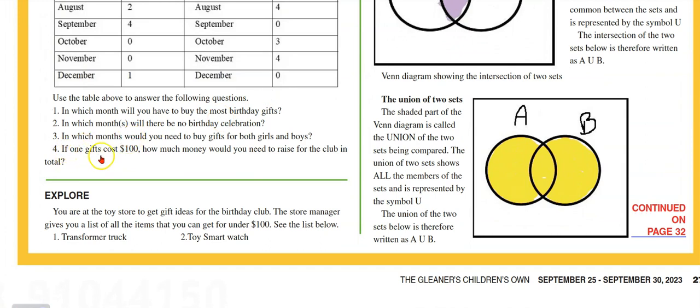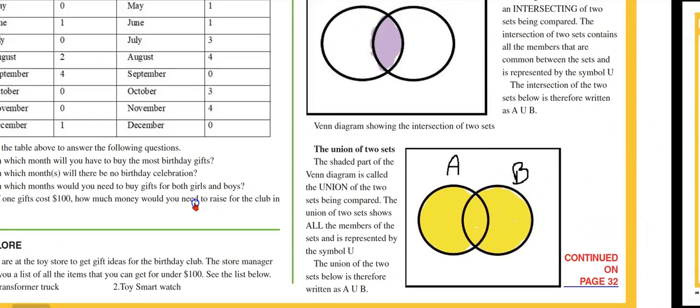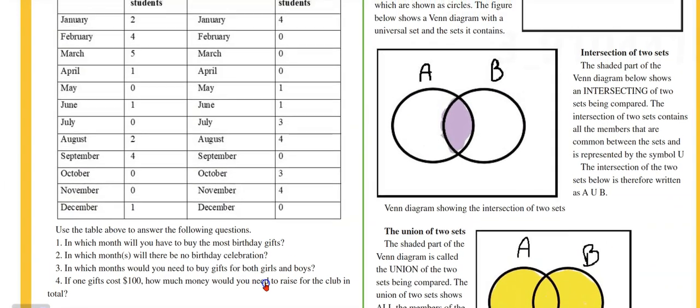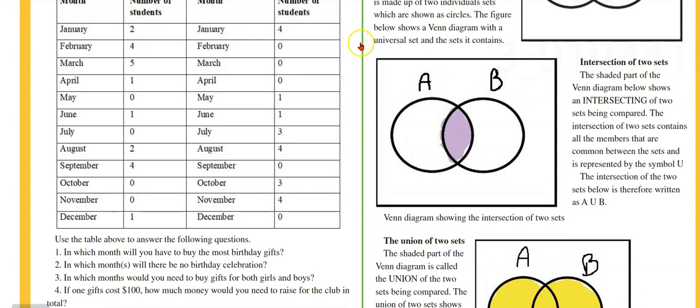All right. If one gift costs $100, how much money would you need to raise for the birthday club in total? I guess we'd have to add all of these together and then multiply that by 100. Let's see if we could get a rough check on that.